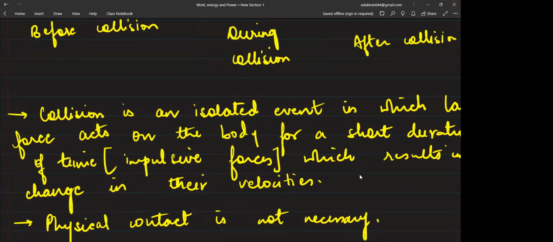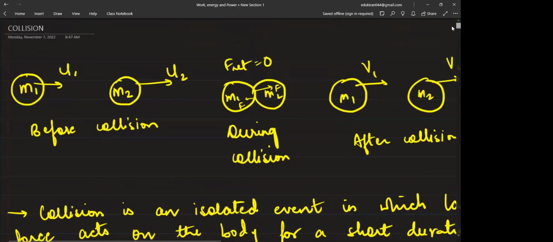Isolated event means net force is zero during that event, right? I've already told you what is an isolated system, where large forces act for a very short time. Collision is very short, quick forces. They just come in contact, bombarding occurs, and then they leave each other. Physical contact is not necessary, that we'll study later. Write down this introductory part first.